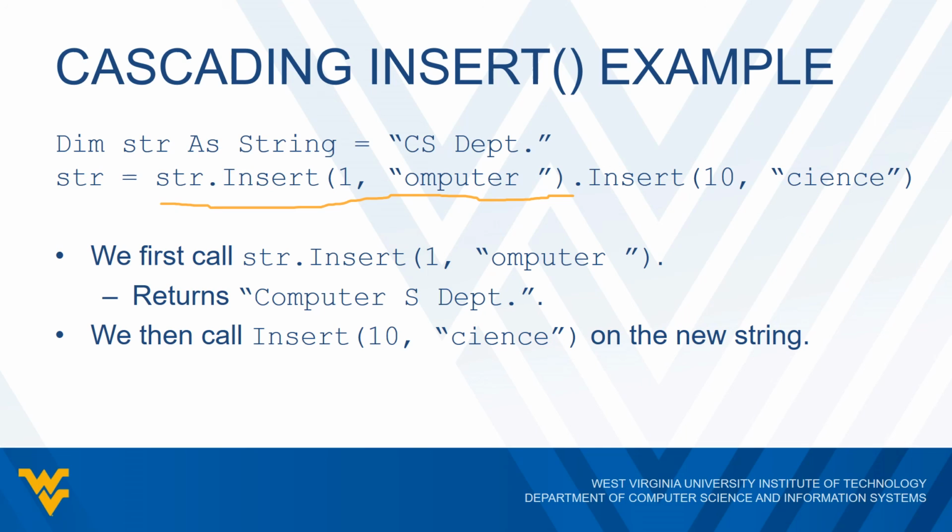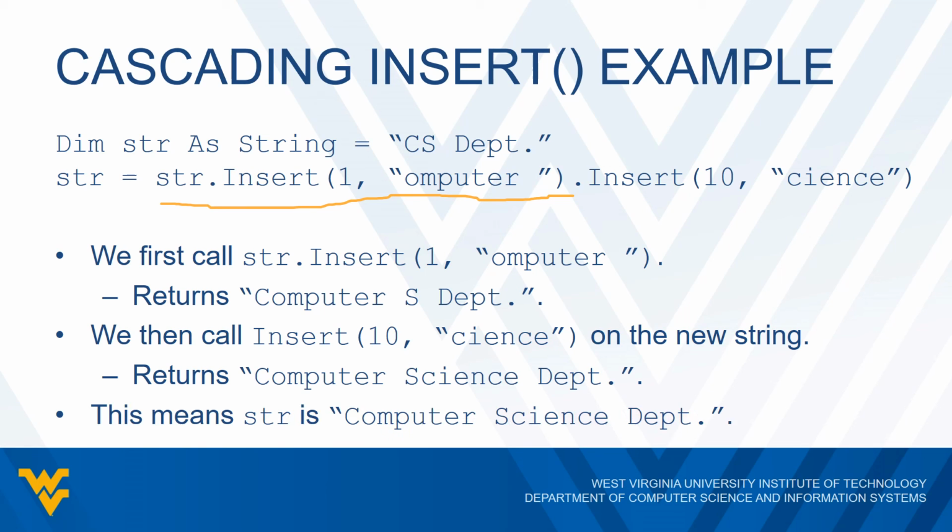And in this case, that's going to be on the space immediately after the S. So we're going to shove the space and department over and then fit the rest of this word, science, I guess is what I'll call it. But this result is going to be computer science department. And that's what's going to get stored in str. So the final result is str is going to have the string computer science department.